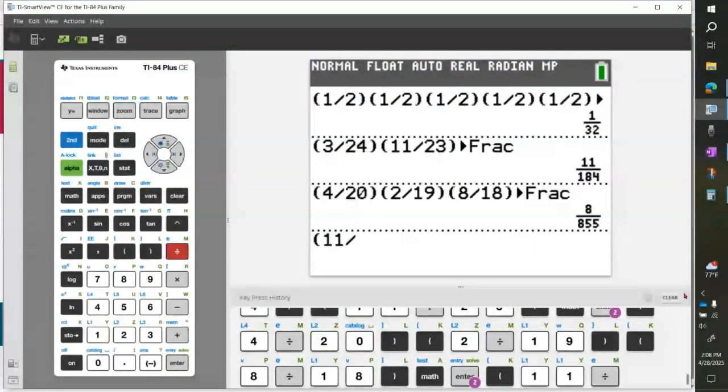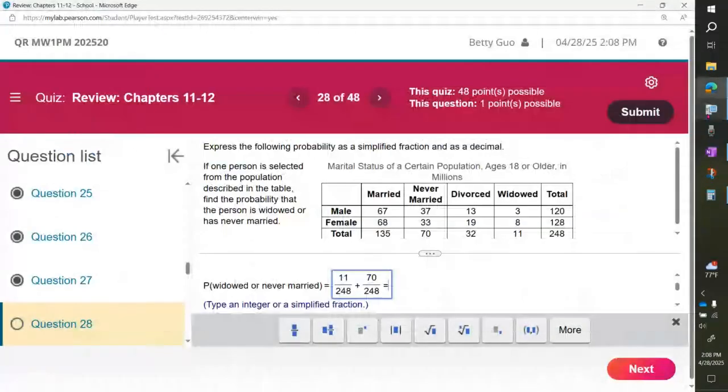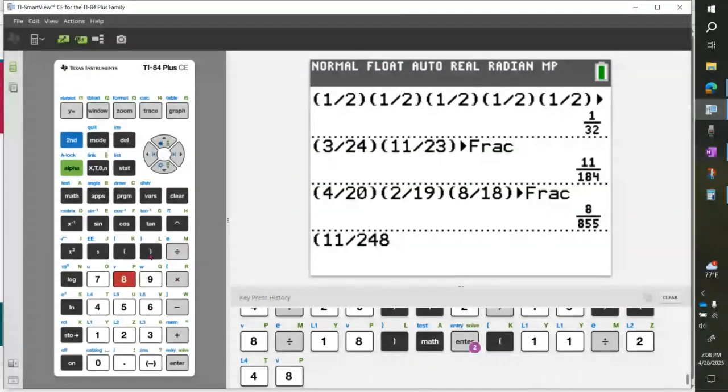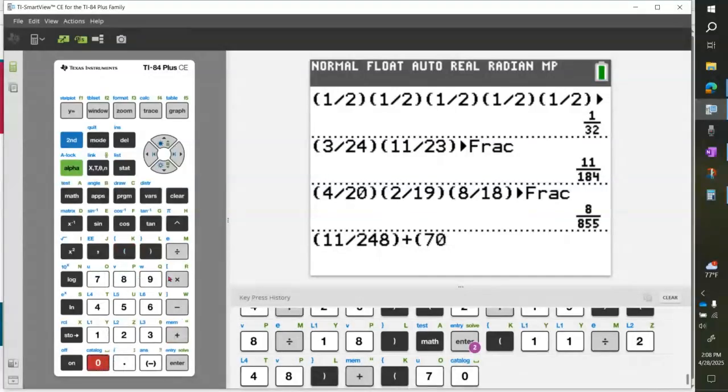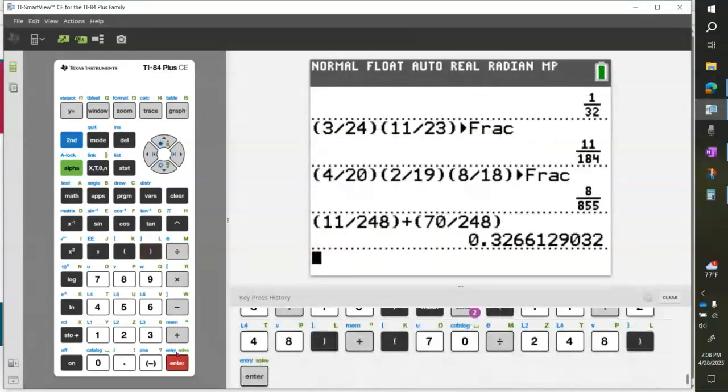Eleven over 248 plus 70 over 248, right? And we're gonna use it. We'll enter the decimal, right?